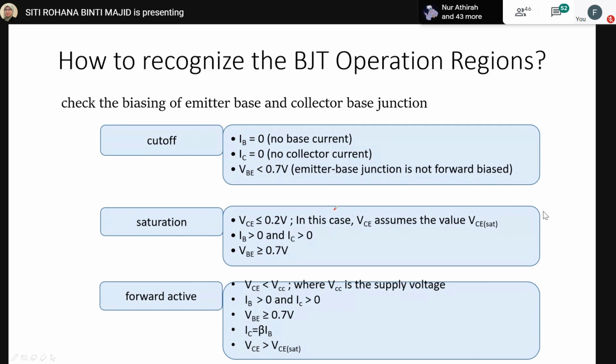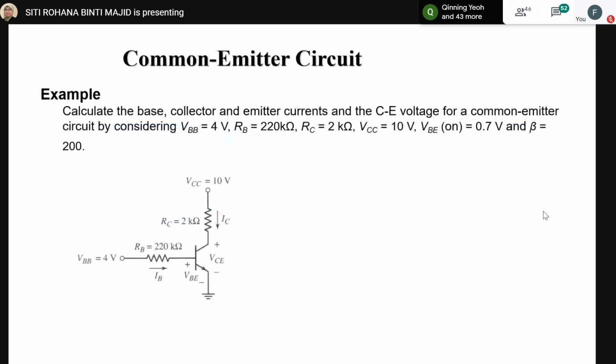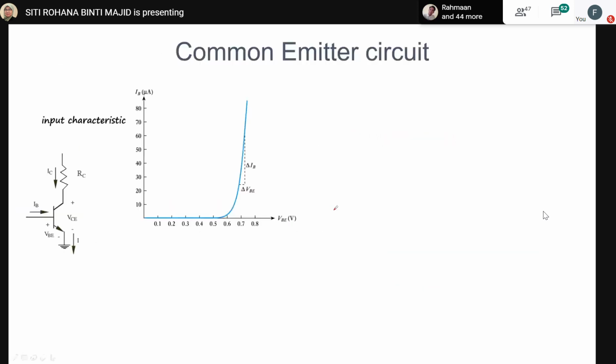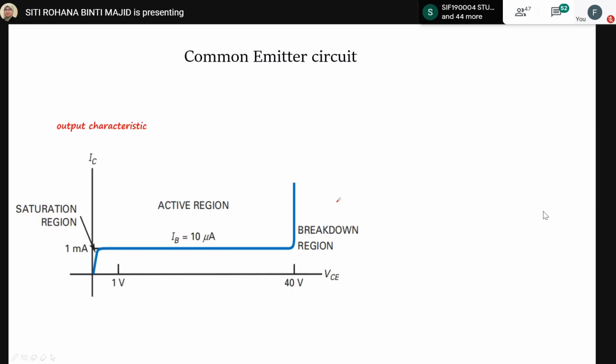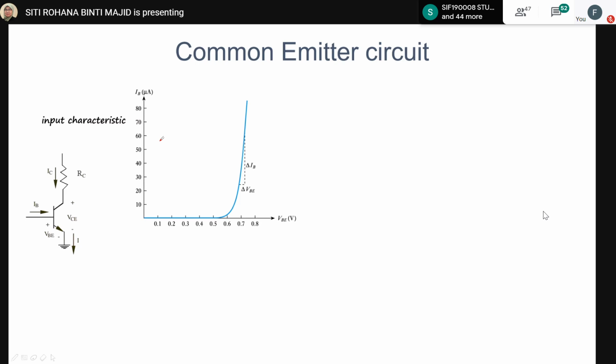So in the saturation region, VCE is lower than VCE saturation, because it will fall in this region here. So VCE should be lower than VCE saturation.